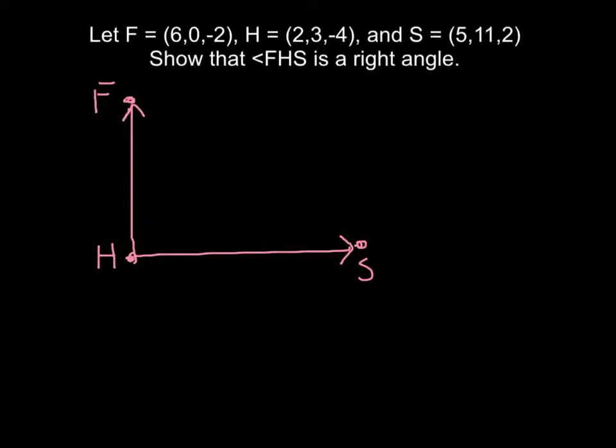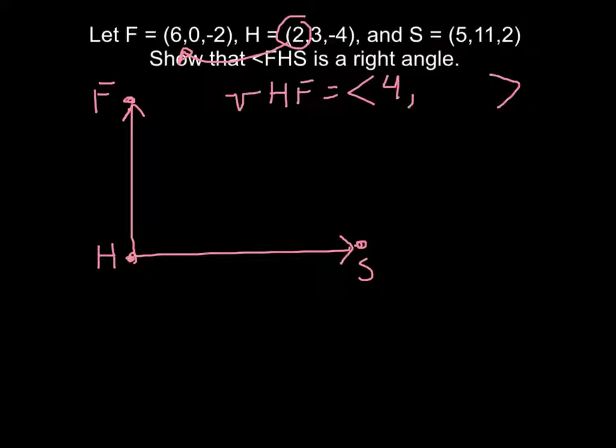So when you're going from H to F, let's find the vector HF. I'm going to use that notation. Here's vector HF. So I'm going from H to F. If I'm going from H here to F there, what would my x component be? 4. My x component would be 4.